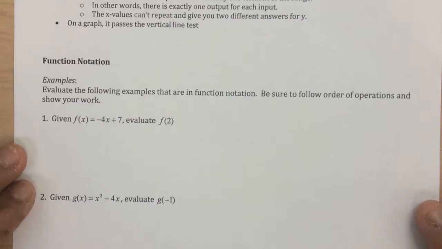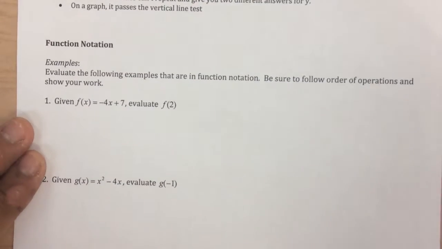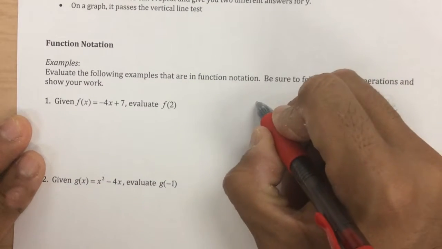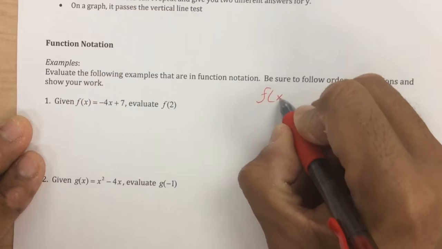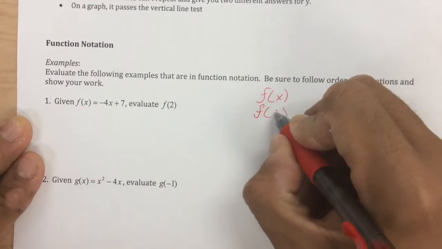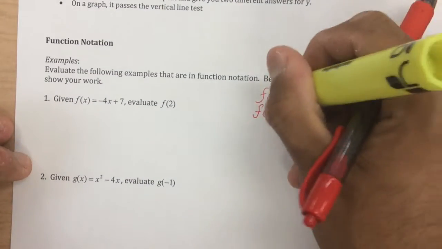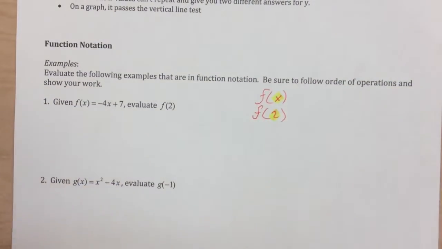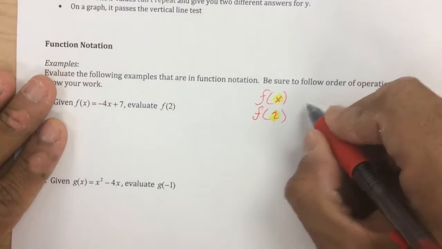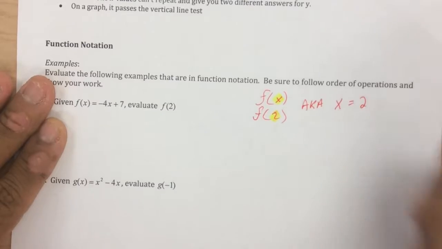Now, number one says if you're given that function, evaluate f of 2. So if you know that that represents f of x, and if you have f of 2, that means the x is 2. In other words, they're saying x equals 2.